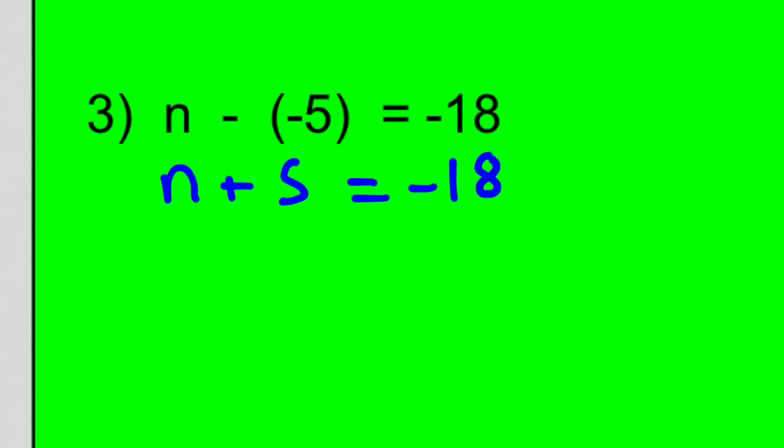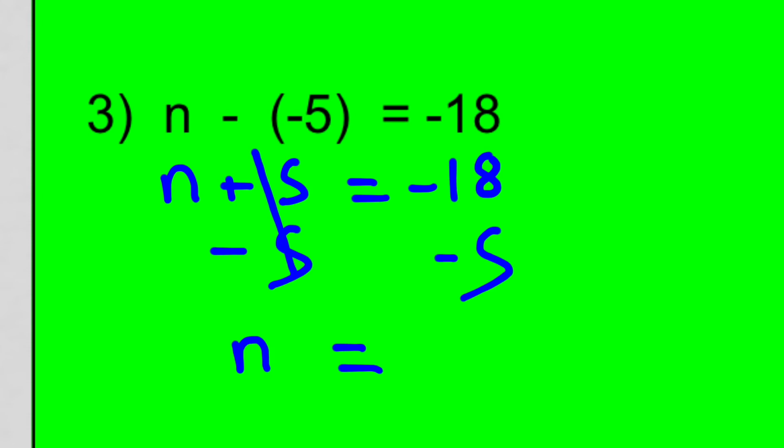Now you want to get the n by itself, so you want +5 to turn into 0. Do -5, and do it to both sides of the equal sign. Now +5 minus 5 turns into 0, which is what you want, and n equals -18 and -5, the signs are the same, so I add them and use the negative sign.